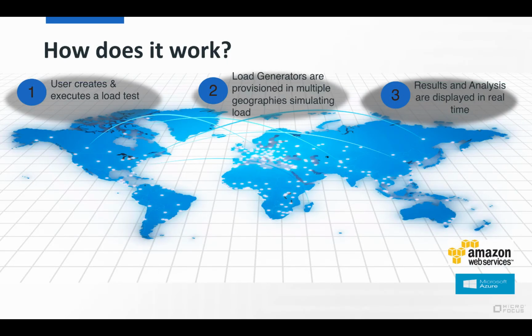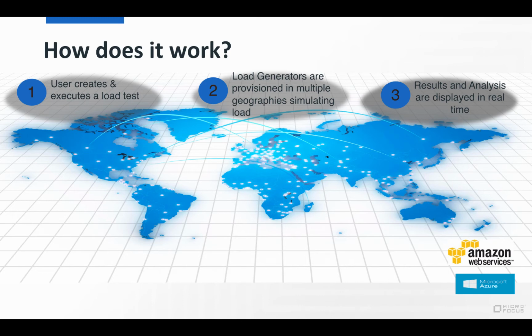So, how does it work? StormRunner is a SaaS cloud solution. It means that you can run a test in less than 10 minutes. How do you start? You log into your tenant, you upload a script, you set the scenario and the amount of time and users you want to run.